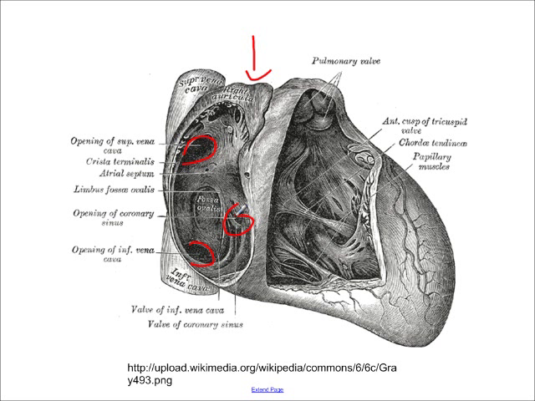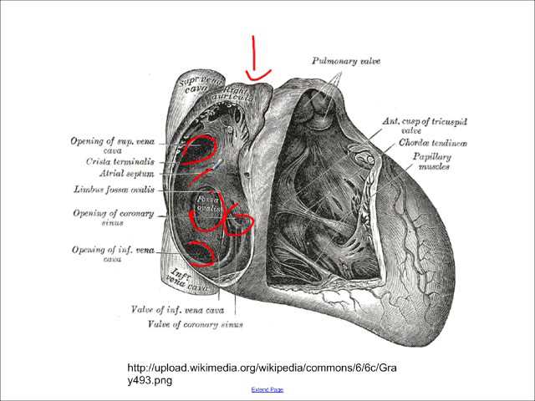Now, this structure right here, the fossa ovalis, is actually a remnant of embryonic development, because for a while, and I can't remember off the top of my head, as embryology is one thing I'm not good at, this was a shunt for blood to circulate from atrium to atrium. Normally blood goes in the atrium, down to the ventricles, and then out.